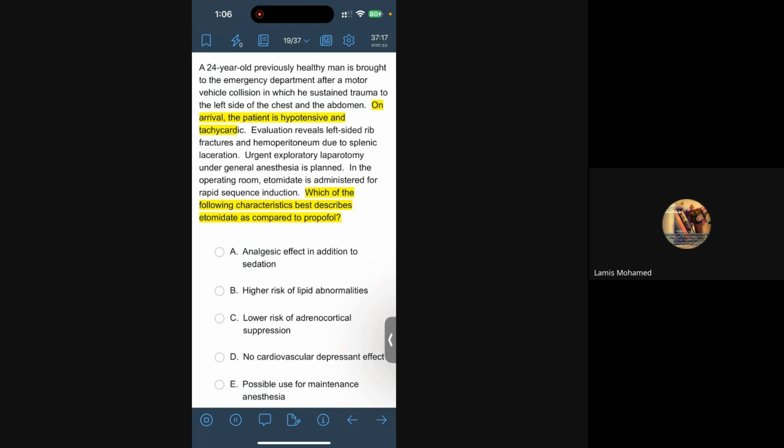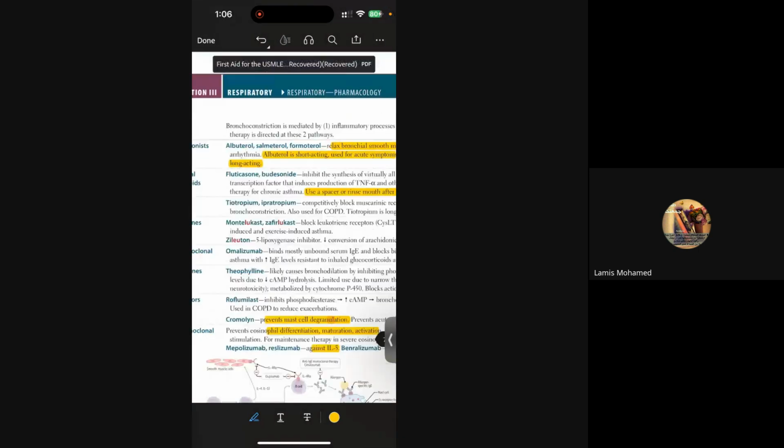So he is asking us why we are preferring etomidate over propofol in this patient. Our patient is hypotensive, remember this detail.